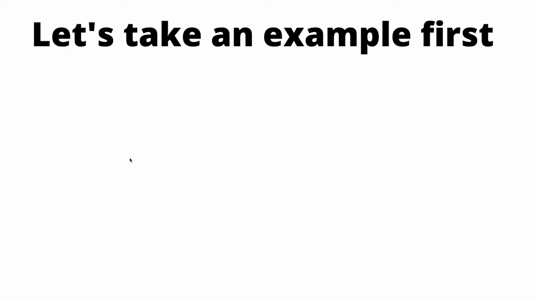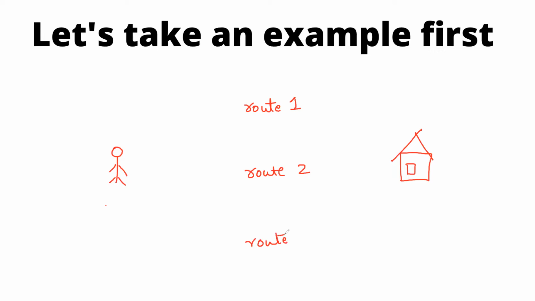Let us take a simple example, okay? Let us say that you are standing in this particular place, and from here, you have to go to your house. You have options, okay? You can take route 1, you can take route 2, and you can take route 3. All of them will take you to your house.